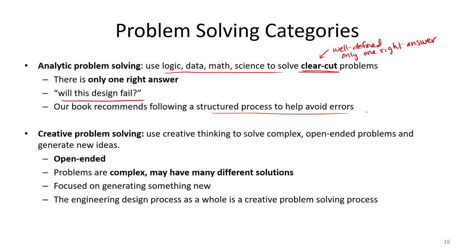The next problem solving category is creative problem solving. In creative problem solving, we use creative thinking to solve slightly different problems. Creative problems are problems which are complex and open-ended, and there's many possible solutions. In fact, there may not be one perfect solution.